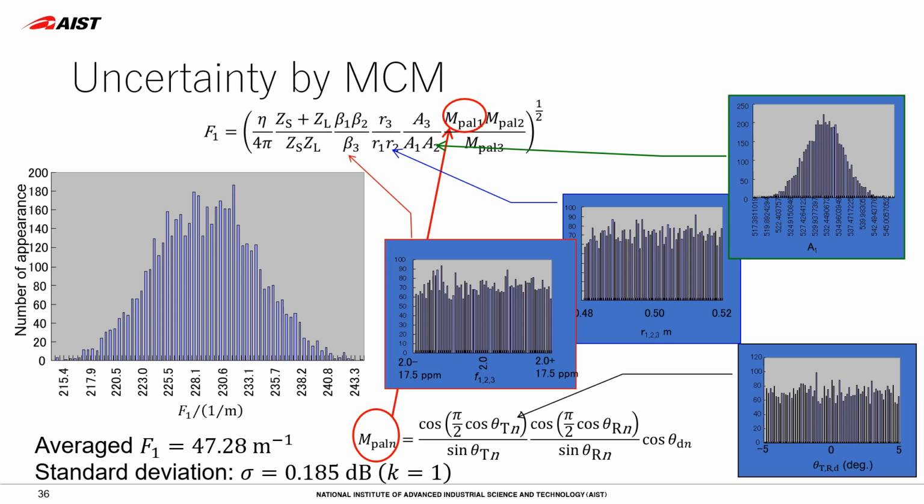Standard uncertainty by the Monte Carlo method, and by conventional analysis with and without nonlinear analysis, are 0.185 dB, 0.18 dB, and 0.19 dB respectively. Although the uncertainty obtained by the Monte Carlo method is almost identical with the one by the conventional method, the conventional method with a nonlinear term provides a result that is very close to the one by the Monte Carlo method.